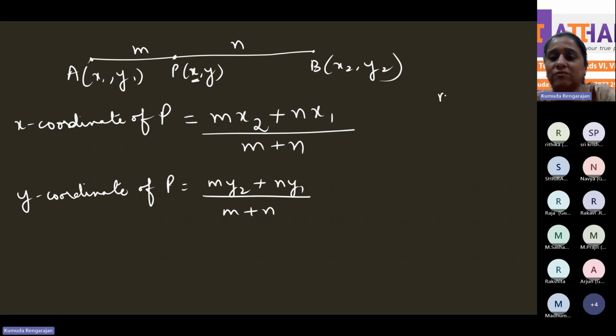If your school uses m1, m2, children, nothing to get confused. You should replace m and n with m1, m2. m1 x2 plus m2 x1 by m1 plus m2. Some schools use m1, m2 while others use m and n.